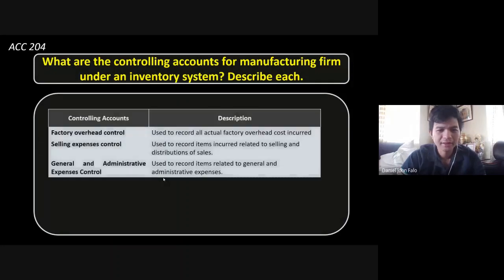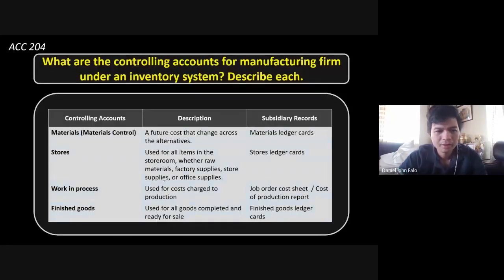Yung materials, these are the controlling account used to acquire materials. Yung stores dito, this is for storage or storeroom. Yung paglabas at pagpasok ng mga items sa loob ng storage or storeroom.